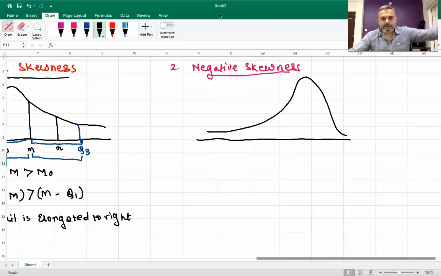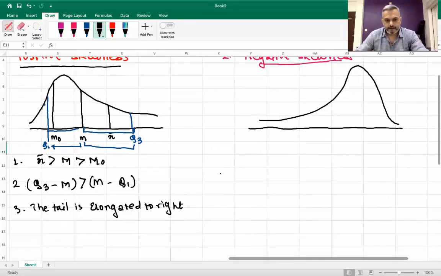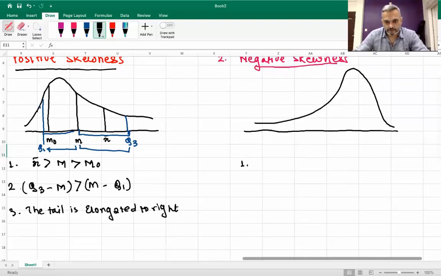The tail is elongated to the left hand side. In this case, we write the characteristics. First, mean is less than median, less than mode.